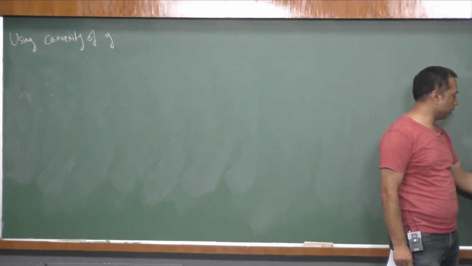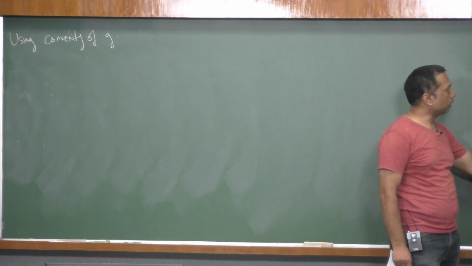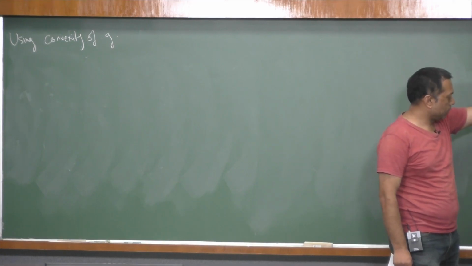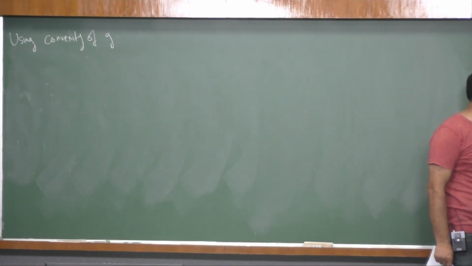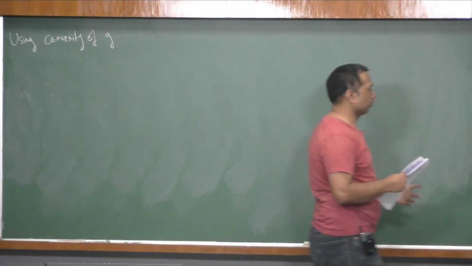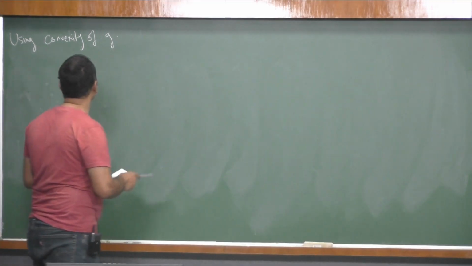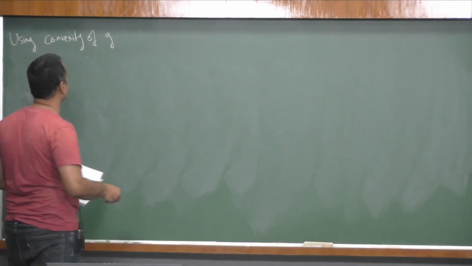With G being convex, it satisfies that. We put the value of G there, and from there we will derive this. Okay. So, using the first order convexity of G, we can write in the same way.